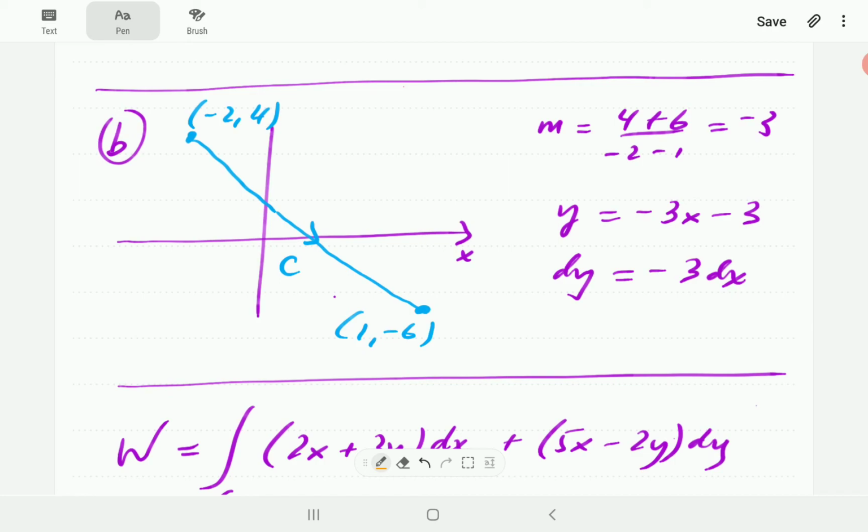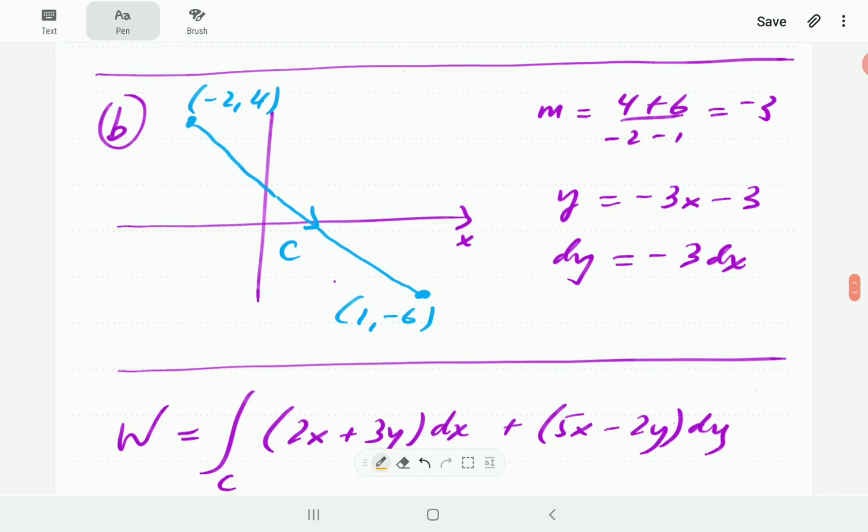So in part B, we've got the contour is a straight line from -2, 4 to 1, -6. So again, we need to find the equation of this straight line. The gradient is -3. Equation works out to y = -3x minus 3.